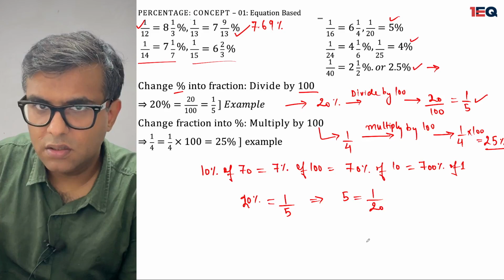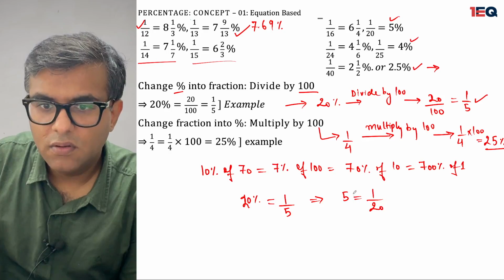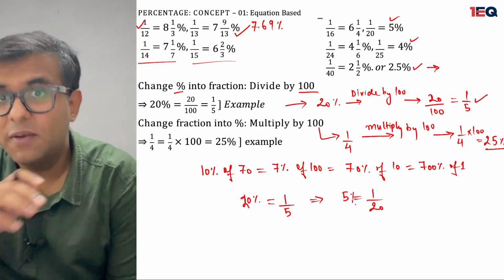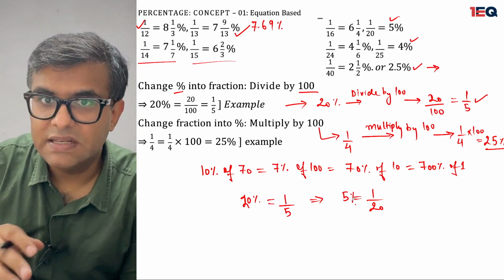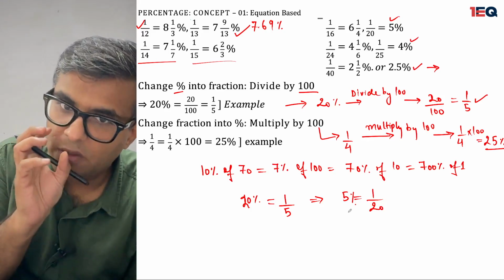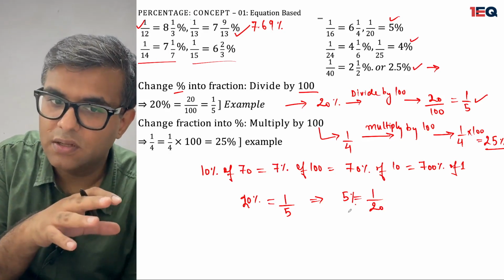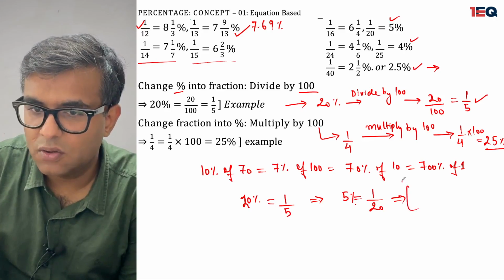Did you get what I am talking about? 5% is equal to 1 by 20 times of something. Let the percentage sign stay there and you can move the digits left and right. But always remember, you have to pick up the whole number and put it there.